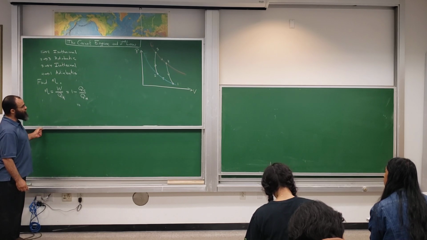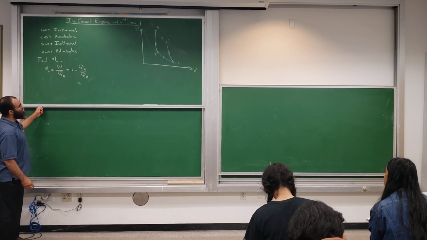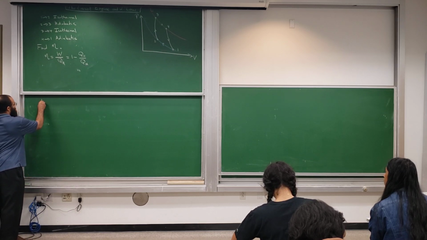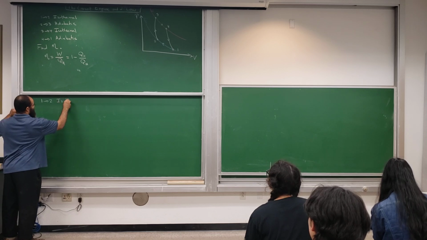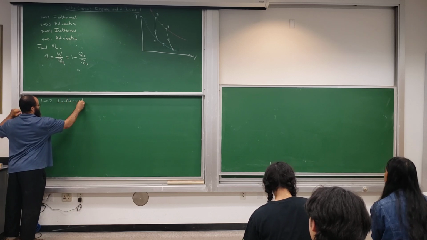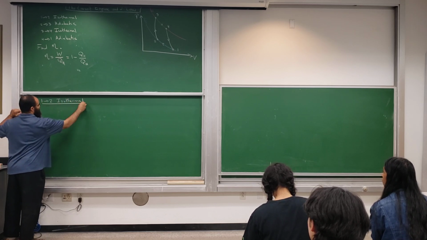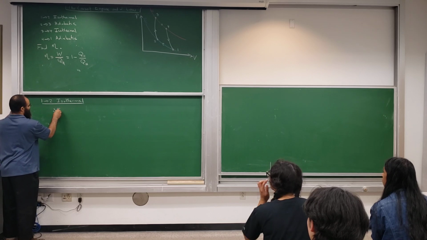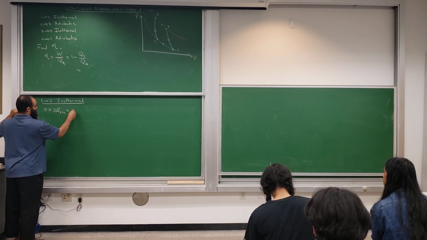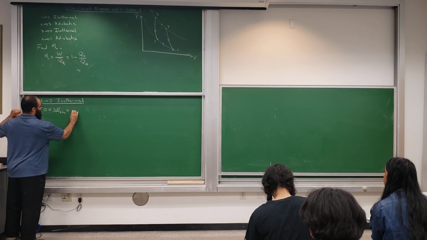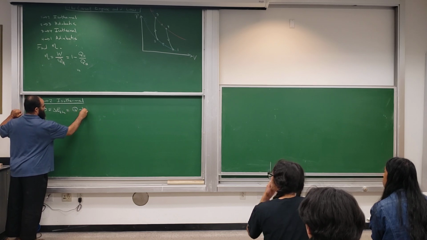All right, so let's start from 1 to 2. It's isothermal. What do you know about an isothermal process? The change in thermal energy is 0, and the first law says it is Q minus W, right?